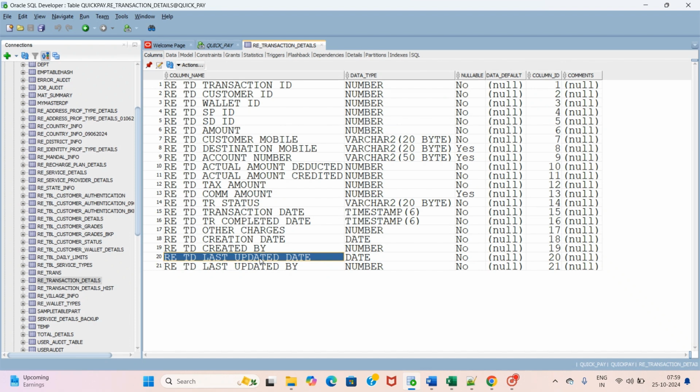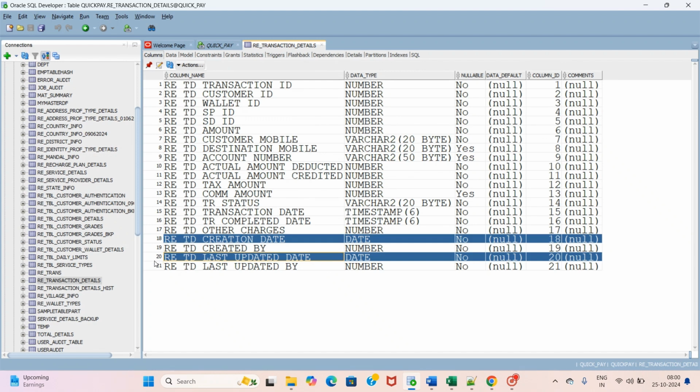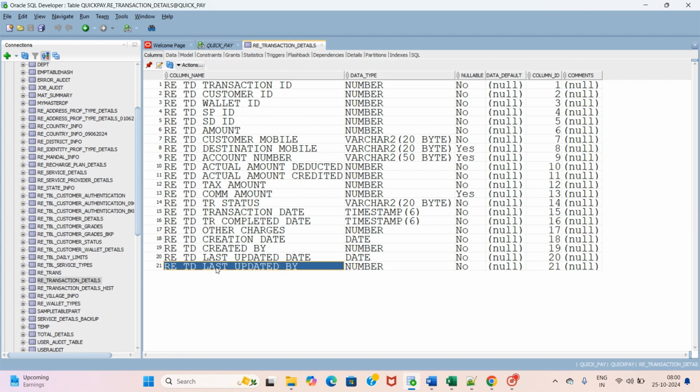Because any manual activity happening on the data, we should update the last updated date. Then how can the transaction completed date and last updated date be the same? Both are not the same. So I have kept these two columns for record creation date and record updated date. And created by, updated by, who created the record and who updated the record, that is required. So you know these columns, right?